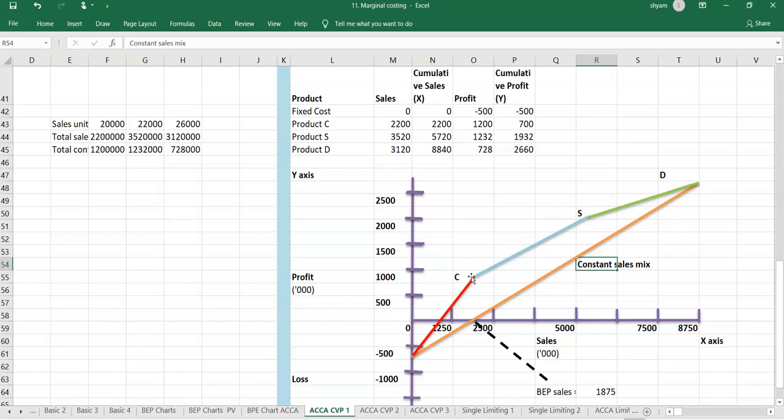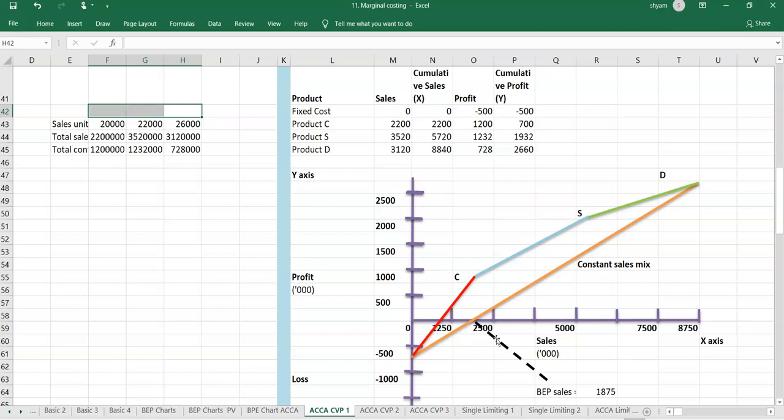The product which has a little bit lower CS ratio will be a little bit flatter. And the last product has a lower CS ratio, so it will be much lower. So why is a constant mix a straight line? Because it is sold in a constant proportion. At any point of time, the product sold in the constant mix would be in this proportion, 20 is to 22 is to 26, or in a simple way, 10 is to 11 is to 13. So they sell in this proportion only.